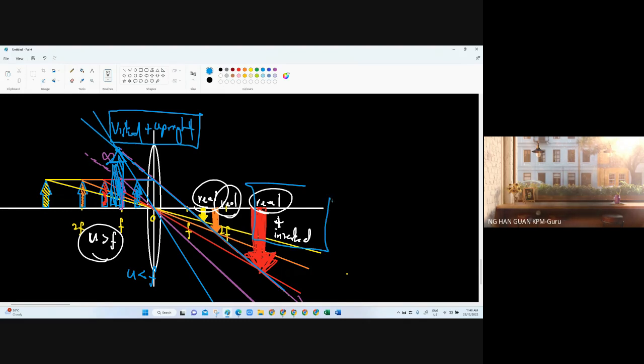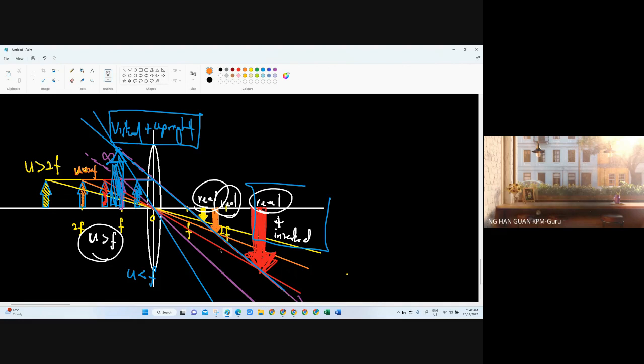Then the size, based on the drawing, you can determine the size. So the first one, the object far away, more than 2F, you have the smaller size, diminished. For the object distance equal to 2F, you have the same size.